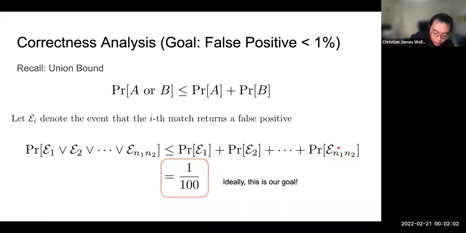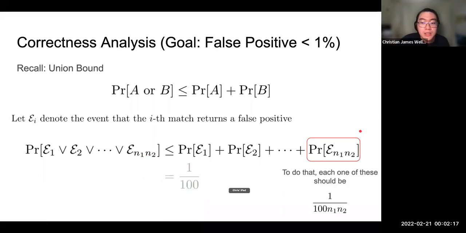Ideally, this is our goal. We want it to be 1 over 100. Note that at this point, I'm not saying that this equals 1 over 100, although the slide might seem like that. I'm trying to present to you that this is our goal. We want it to end up like that, okay? So to do that, one way is that each single one of these terms is 1 over 100 n1 n2.